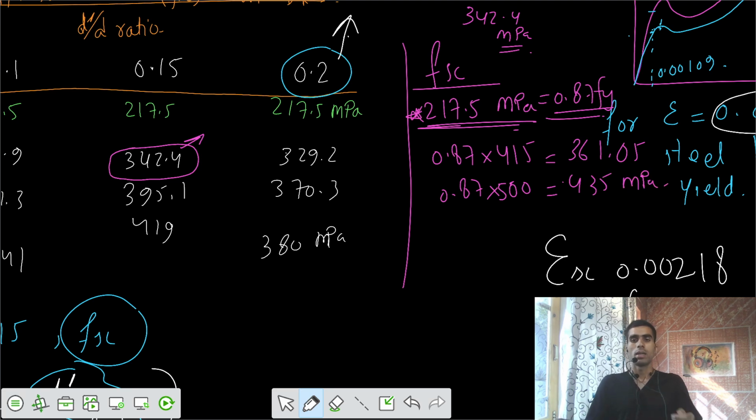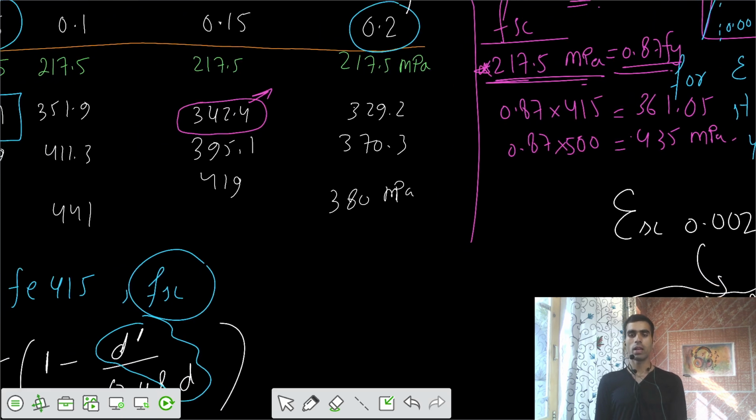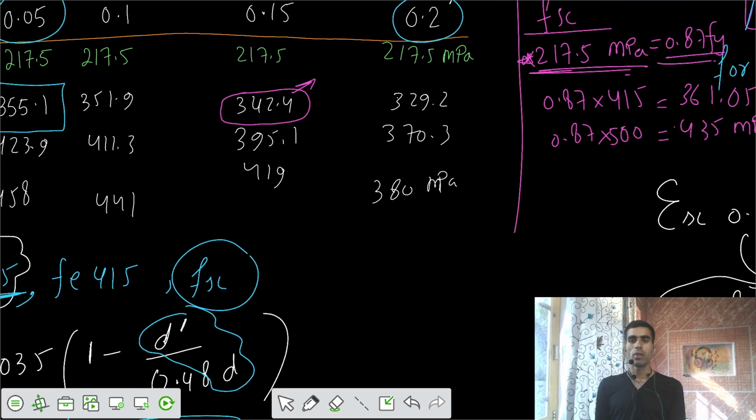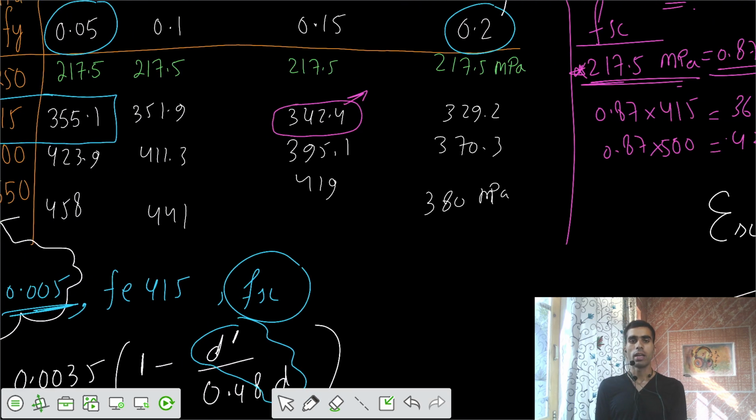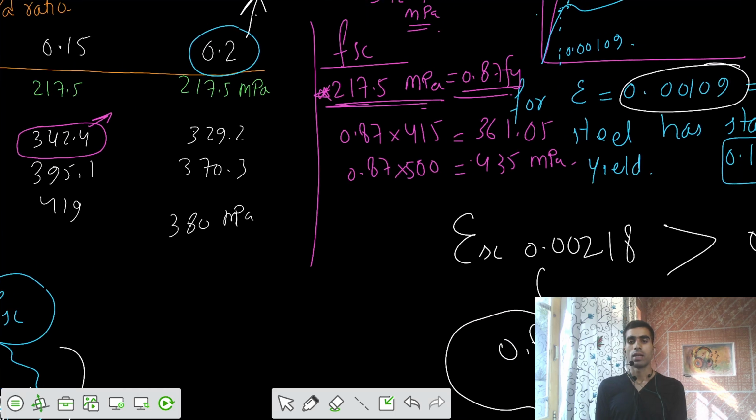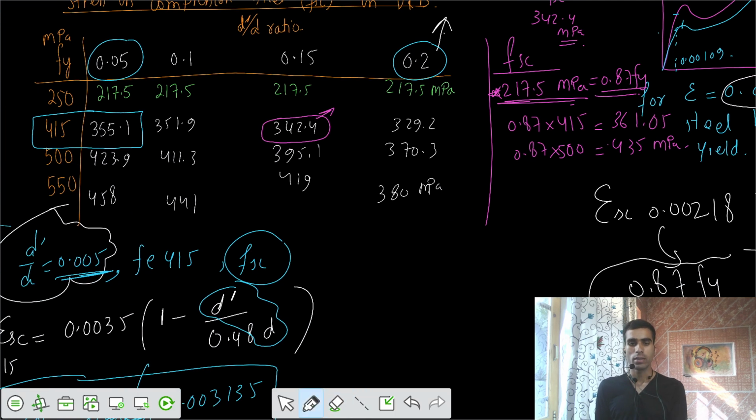We say that this value we don't achieve properly, because HYSD bars do not properly yield in the compression zone, so we don't take that maximum value. It depends on the ratio of d dash by d, and accordingly we get different values of FSC. If you compare this 361 with the table, what's the maximum value we can have? 355.1, and it goes on decreasing.